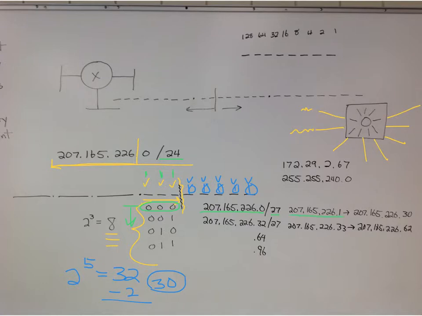This is the first address, and that would be if there was a 1 here and zeros here. So we'd have 207.165.226.1. That'd be the first address. We have 30 addresses. So the final option, you can't have all ones because that would be the broadcast.